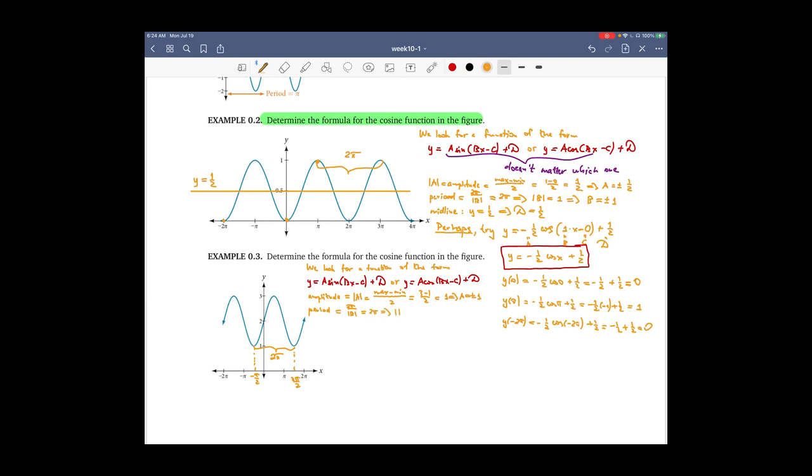And so again, absolute value of b is 1, therefore b is plus minus 1, and it's easier if we go with positive value of b. What about the midline? Midline seems to be 2. Therefore, d is 2.